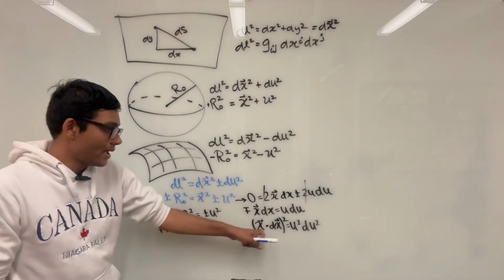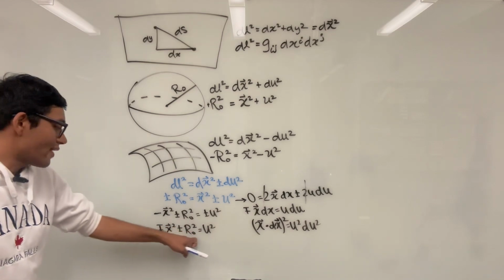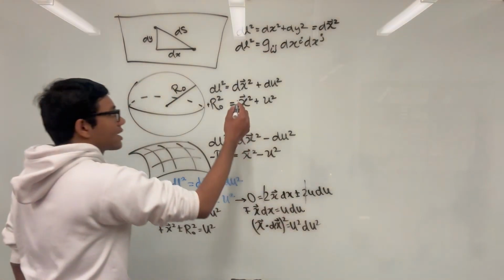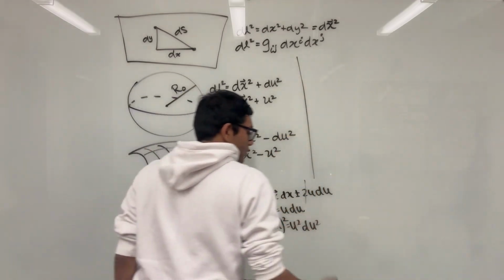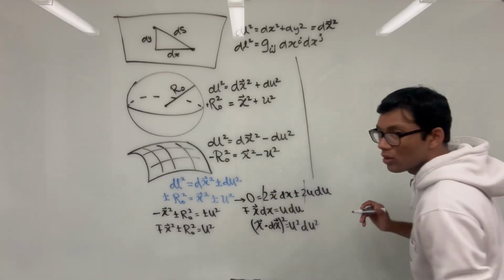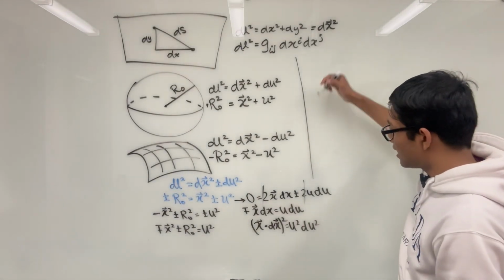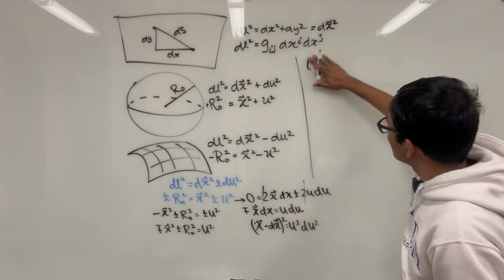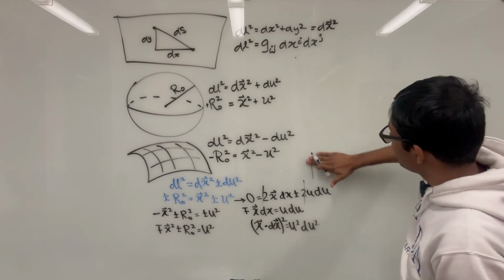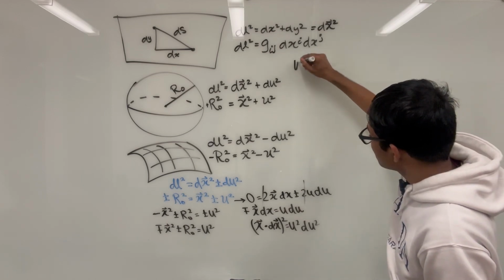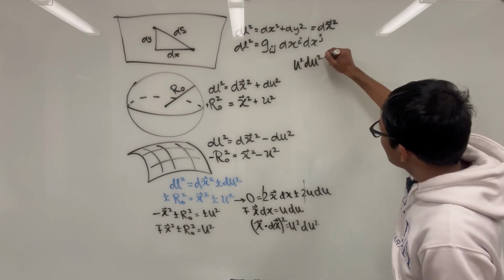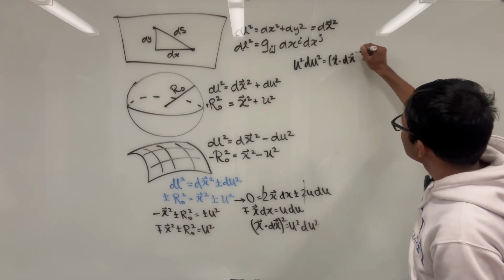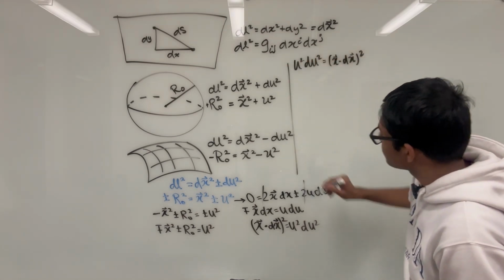Okay, so good. Now, for u squared, I've got this simple expression that I can plug in. So I've got x dot dx squared. So let's be clear about this. u squared du squared is equal to x dot dx squared, okay?